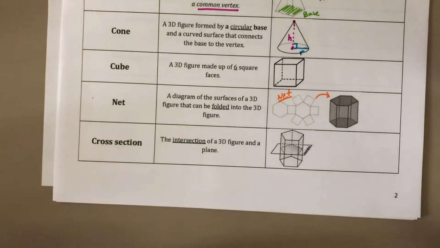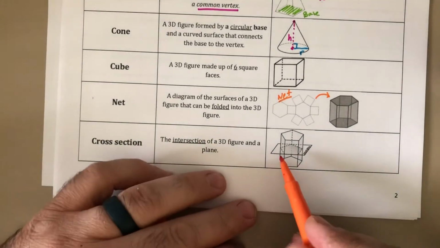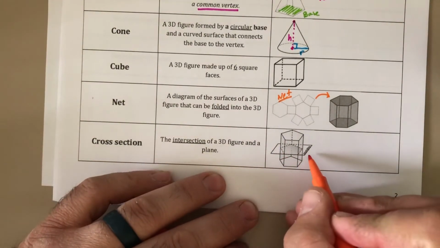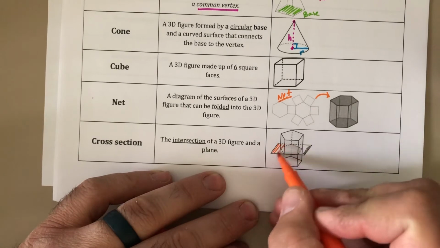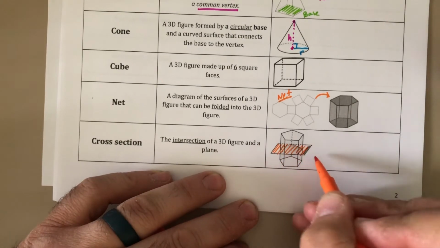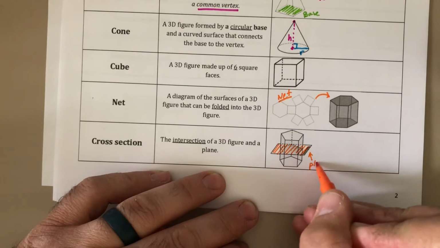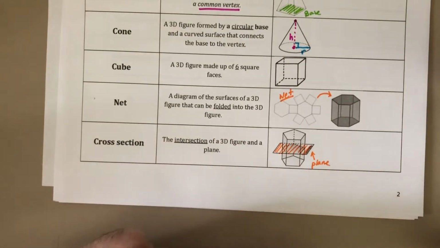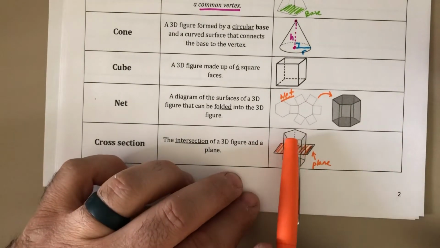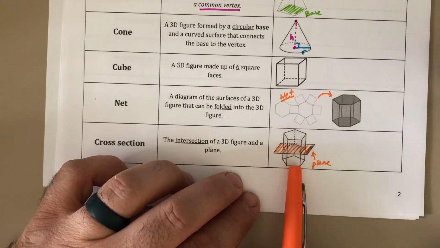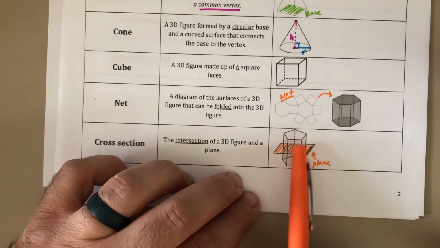when you intersect them. So here's the plane, this orange guy is the plane. And then of course you can see this would be a pentagonal prism. We've got two pentagon bases connected by rectangles.